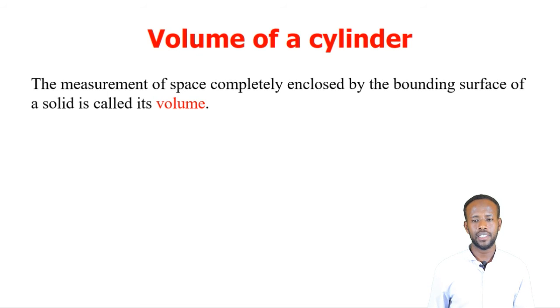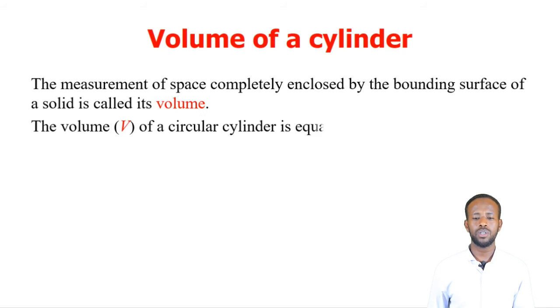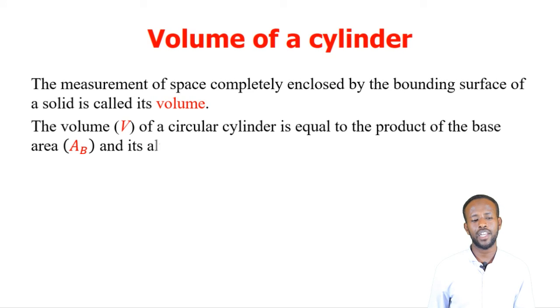So the space it encloses, a surface, is called volume. So the volume V of a circular cylinder is equal to the product of area of the base and its altitude. So if we want to find the volume of a cylinder, we have to multiply what? Area of the base times height.